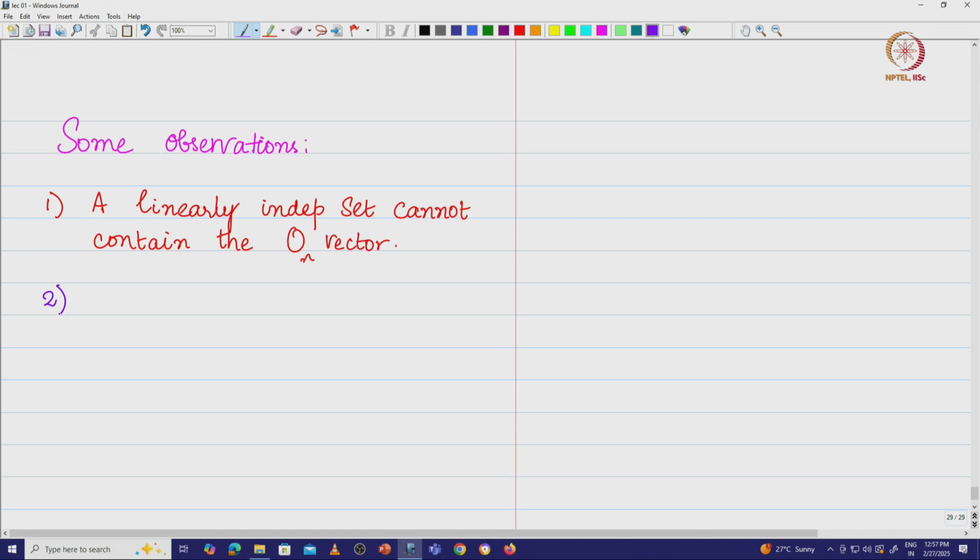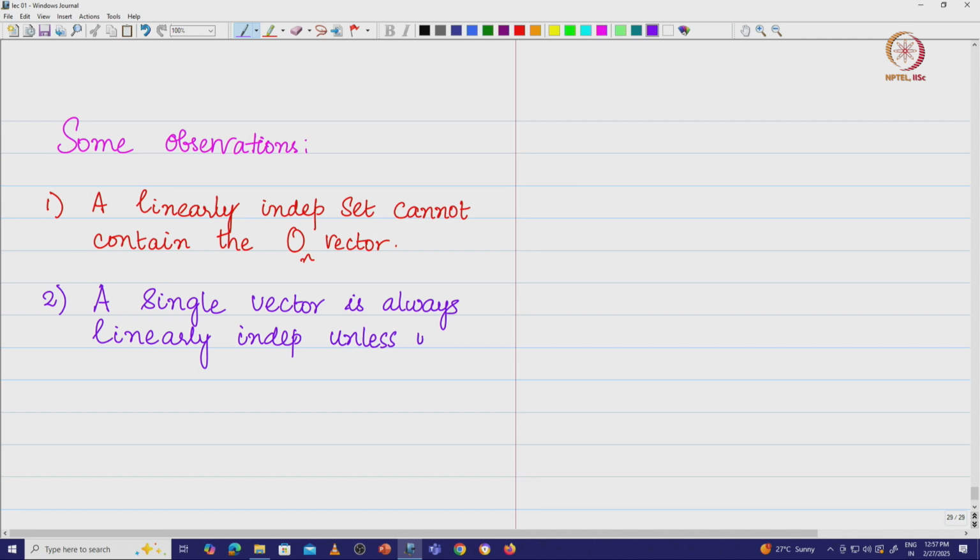Two, what is interesting here is a single vector is always linearly independent unless it is the 0 vector.